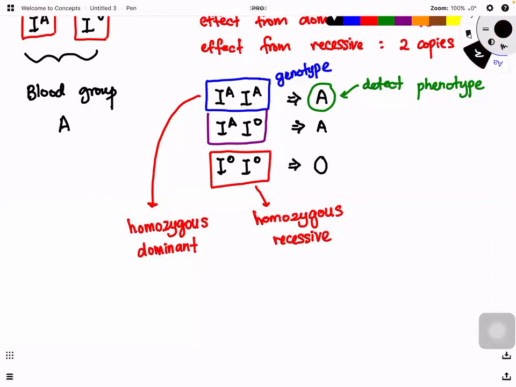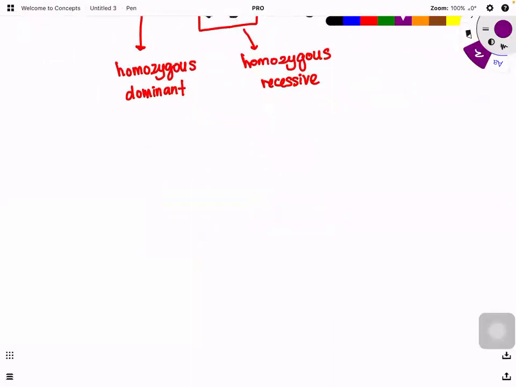But we do have one other example when we have both alleles IA and IB together. In this case, we call them heterozygous. As long as two different alleles are together for that particular gene locus, definitely we call them heterozygous. But for heterozygous, you do not need to talk about heterozygous dominant or heterozygous recessive.